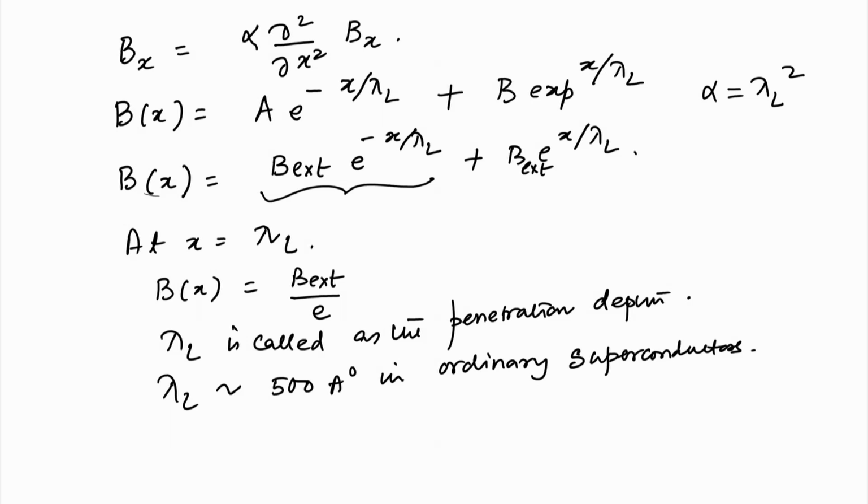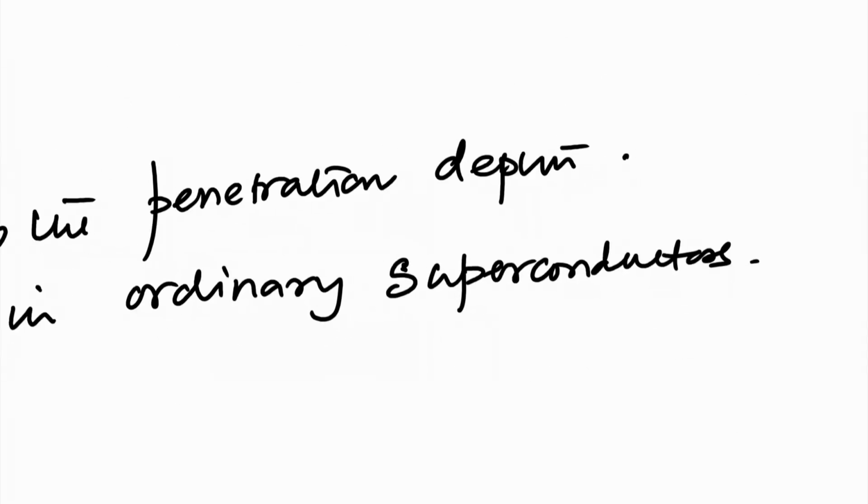So, we will come back to this discussion when we talk about the other energy scale for the superconductors, namely the coherence length, and distinguish between type 1 and type 2 superconductors. Meanwhile, let us do the thermodynamics. So far, we have been doing electrodynamics.